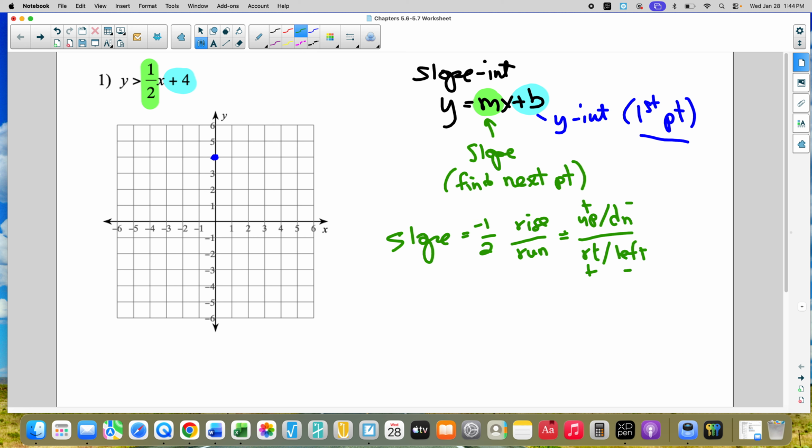So since we have a +1 over +2, we're going to go up 1 and then right 2 from this y-intercept. We can do it again. We can keep repeating it, and then we have a linear equation.